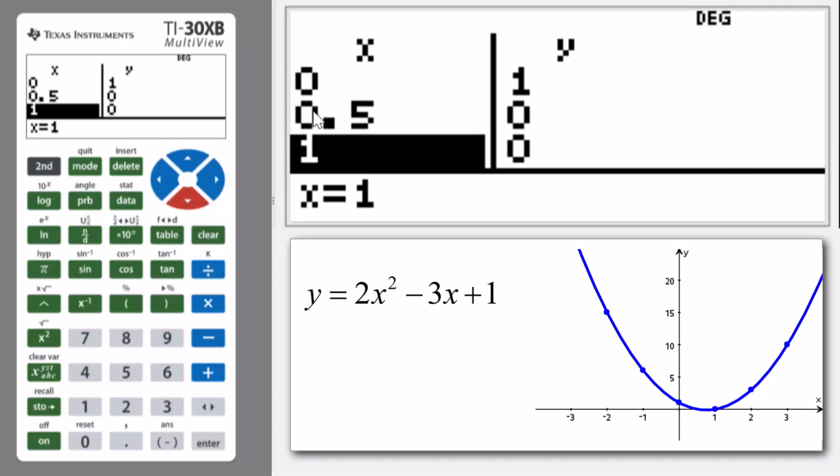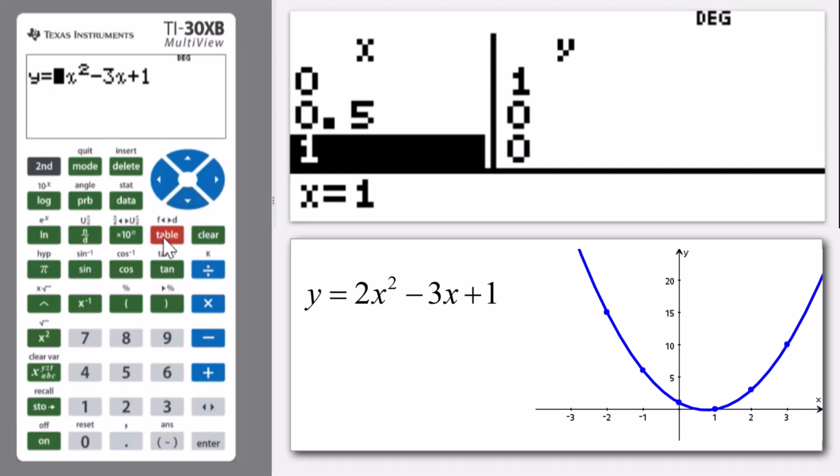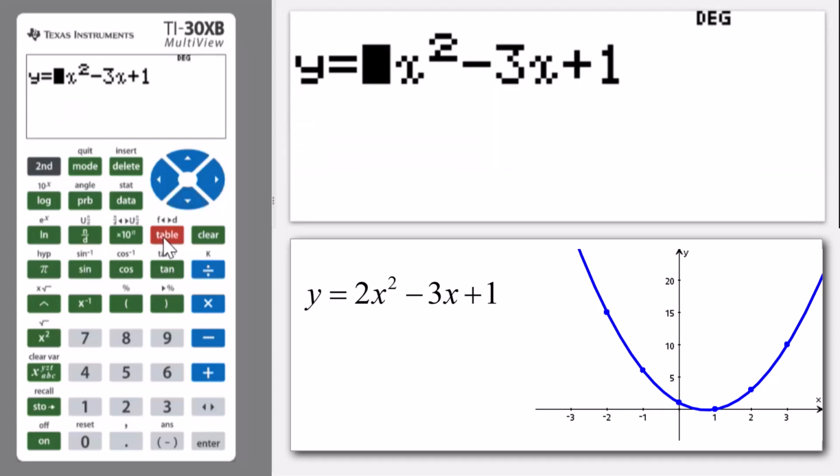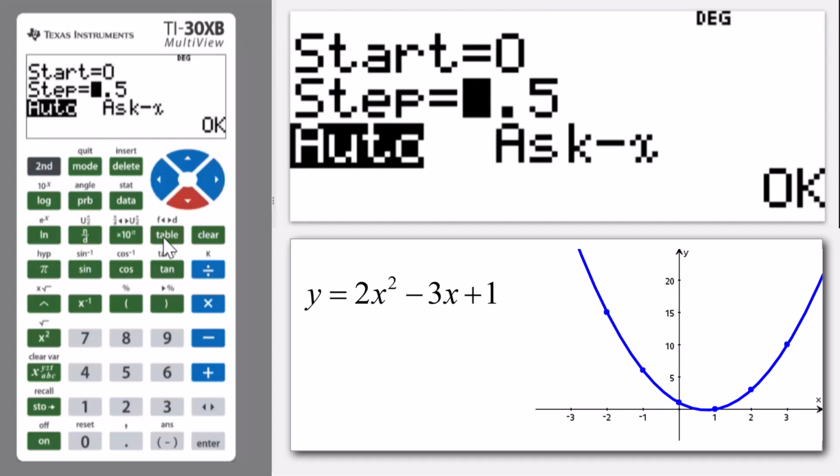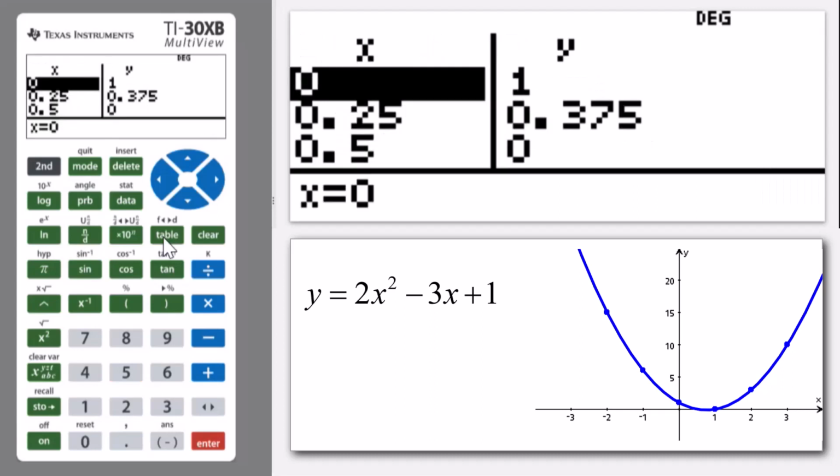So I know those are my X intercepts, and knowing everything we do about quadratic functions, our turning point will be halfway between those. So I've used a step of 0.5. What I'd like to do is halve that to 0.25. So let's go to our table and press enter and change that to 0.25 and press enter, and here we are.